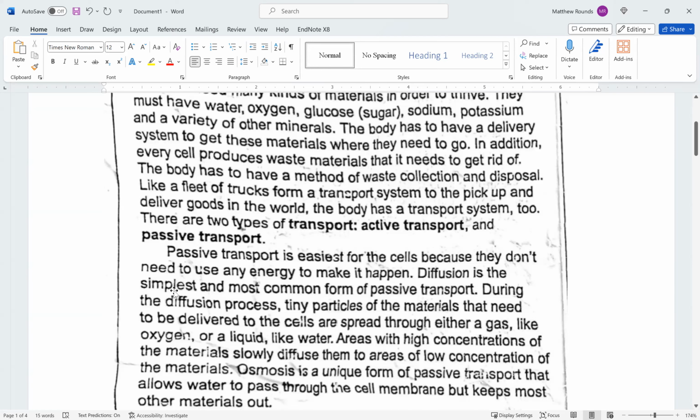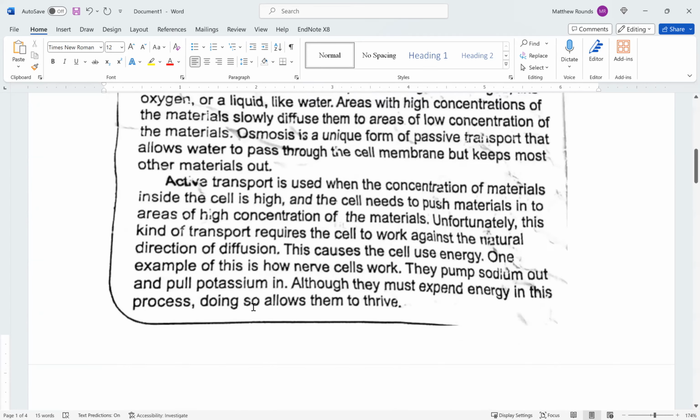Can you read all of that first sentence? Passive transport is easiest for the cells because they don't need to use energy to make it happen. All right, so we're going to say that passive transport doesn't need any energy to make it happen.